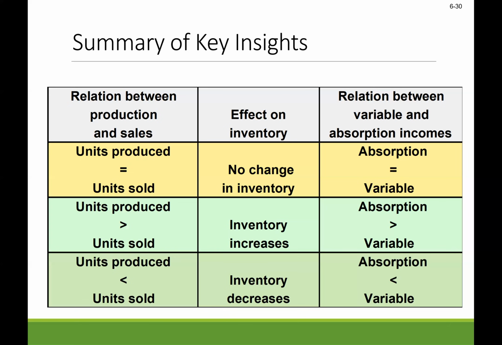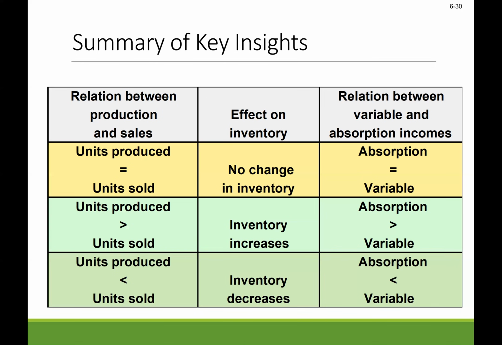When units produced are greater than units sold, then absorption is going to be a greater net income than variable costing. Why? Because we produce more than we sold, which means we have costs sitting in finished goods.